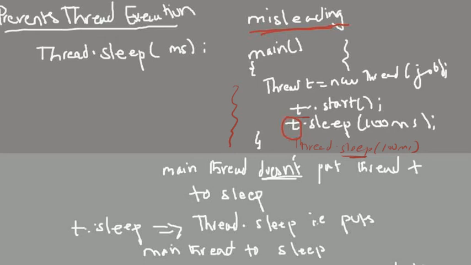This is like saying you have a main thread which is executing, and you spawn a thread within it, in which you have thread t. This is the main method. The run method would just be executing fine, but because here there is a sleep, you're actually putting the main thread to sleep, but not this one. So it's always better that you use Thread explicitly, just to avoid the misleading part.